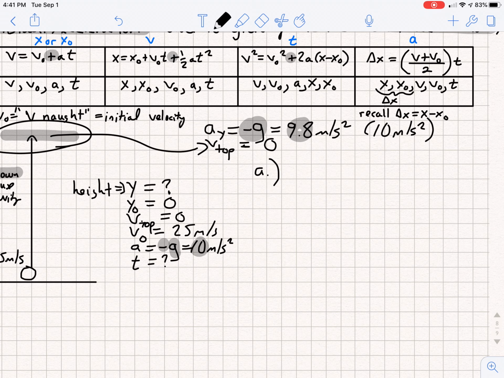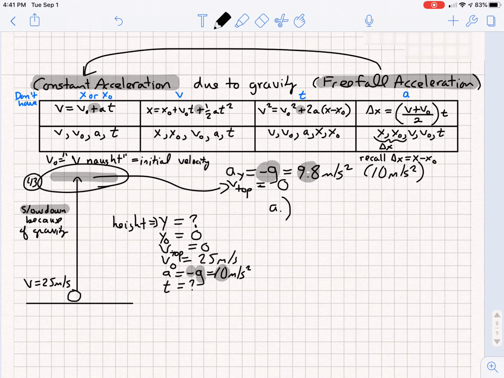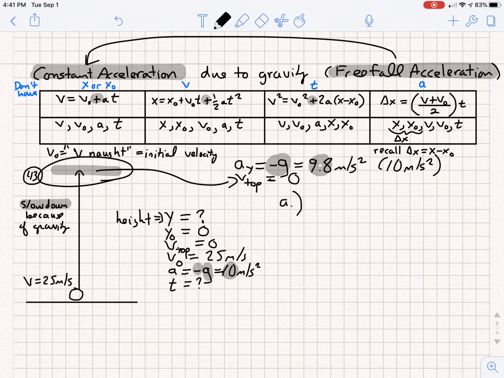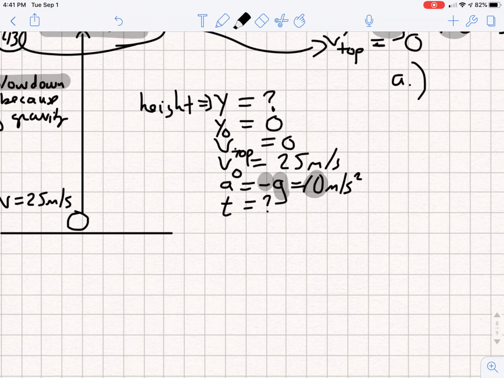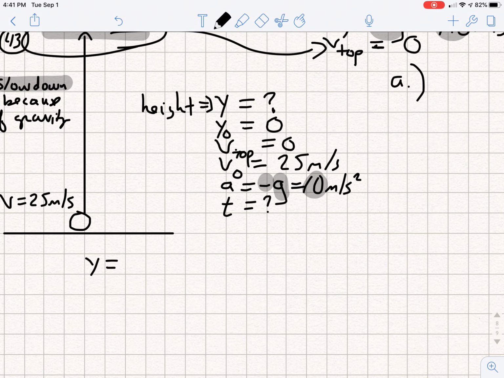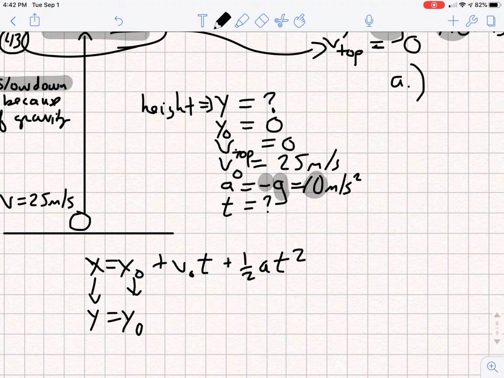So now, looking at this list here, for part A, I need to come up with something that will help me find how high it rises. Well, I can see right away that I can't really use this equation. Keep in mind, if I were to use x equals x naught plus v naught t plus 1/2 a t squared, then x becomes y, x naught becomes y naught, v naught t is still v naught t, and then plus 1/2 a becomes minus 1/2 g t squared.